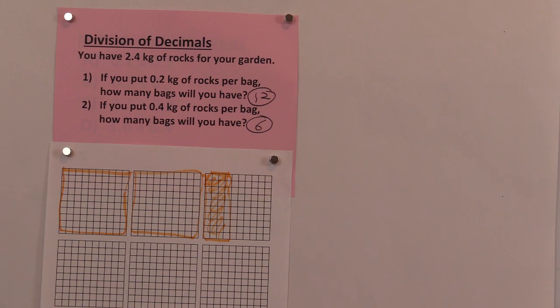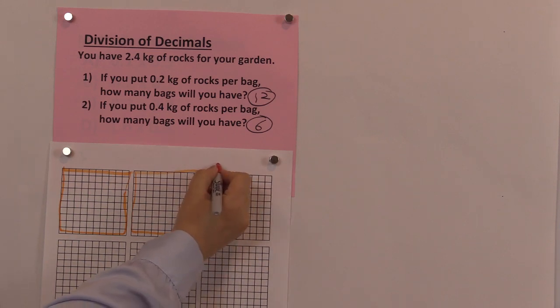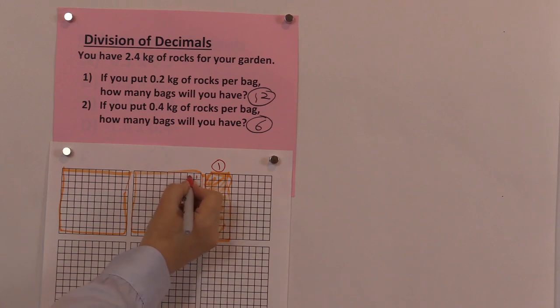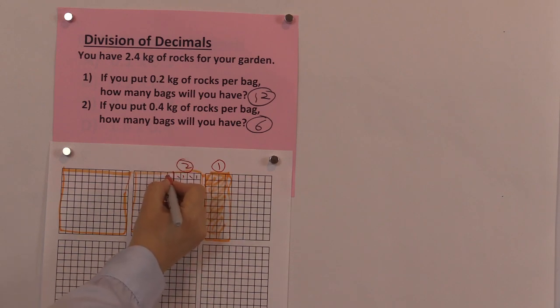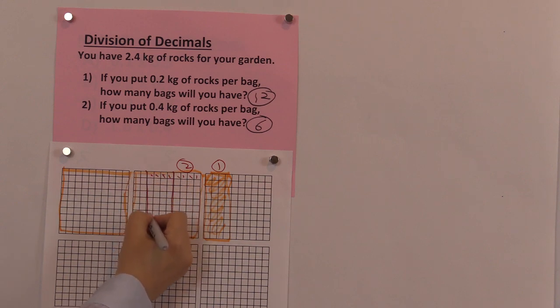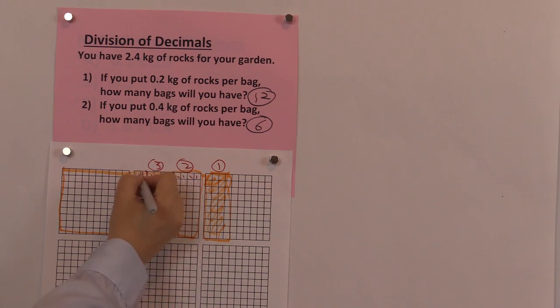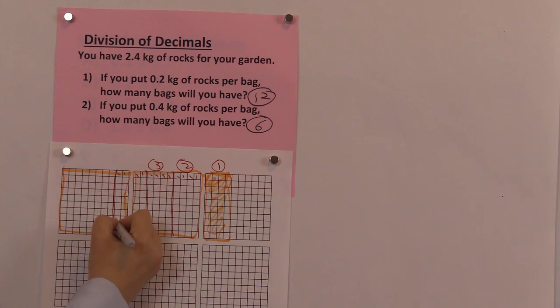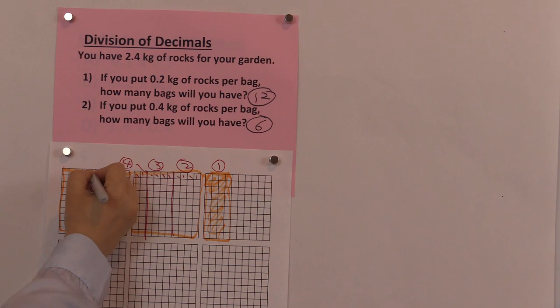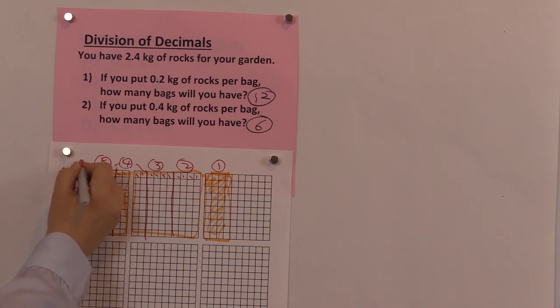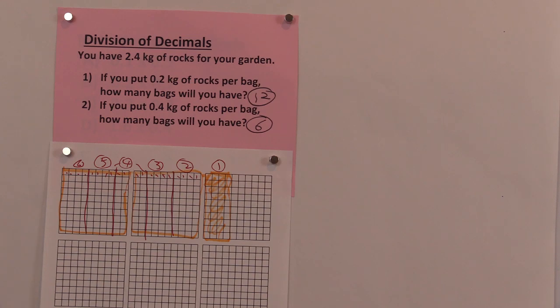So I have 1, 2, 3, 4, 1 bag, and 1, 2, 3, 4, 2 bags, 3 bags, 4 bags, 5 bags, 6 bags. So I can make 6 bags for this one.